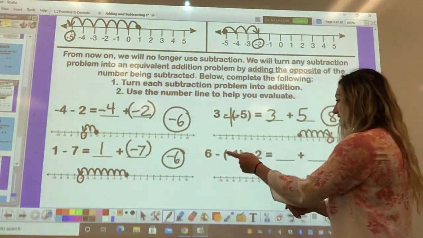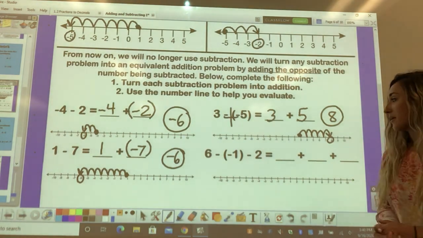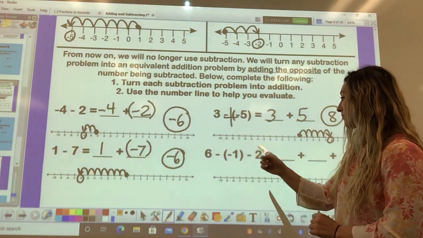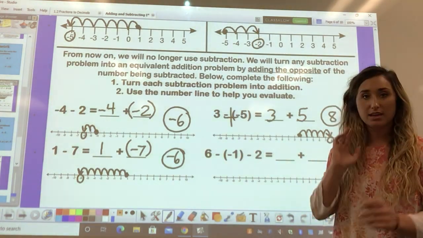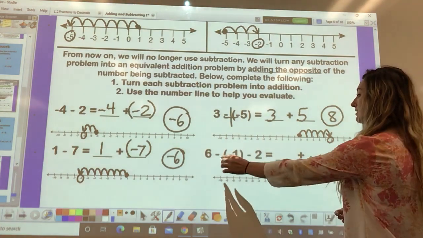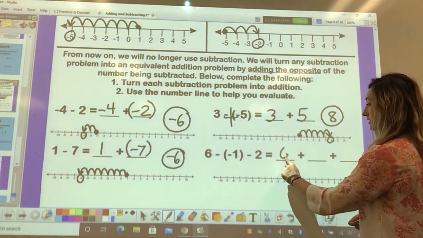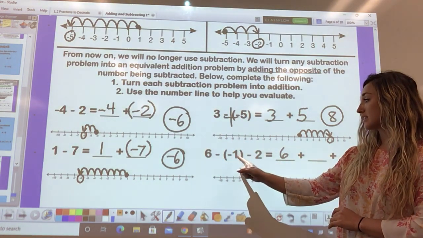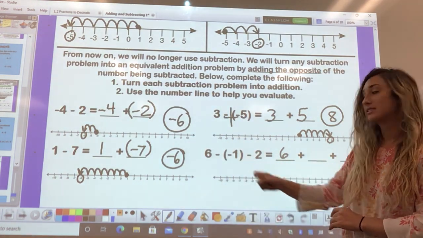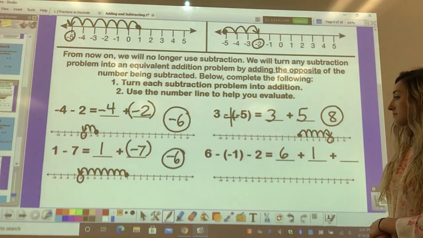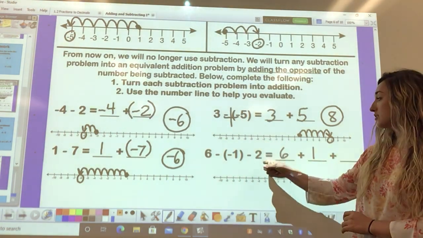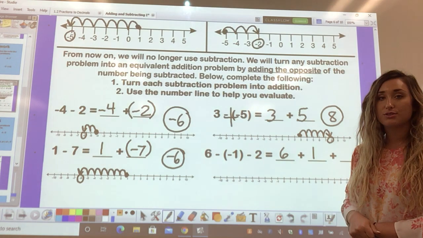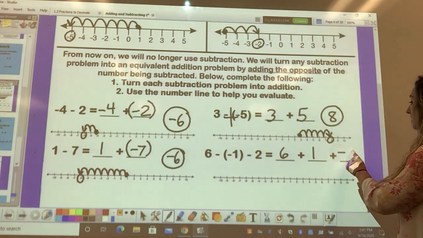And lastly, this one has kind of a lot going on. 6 minus negative 1 minus 2. So we'll just take it one at a time. 6 is our first number. That's going to stay our first number. Minus negative 1 is going to turn into plus positive 1. And minus 2 is going to turn into plus negative 2.